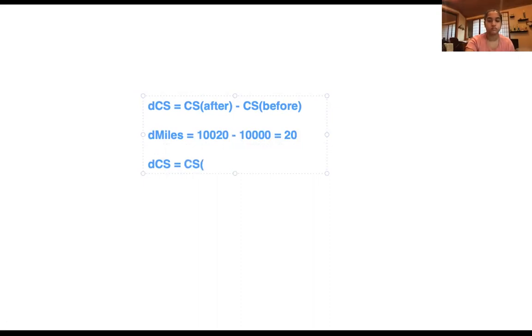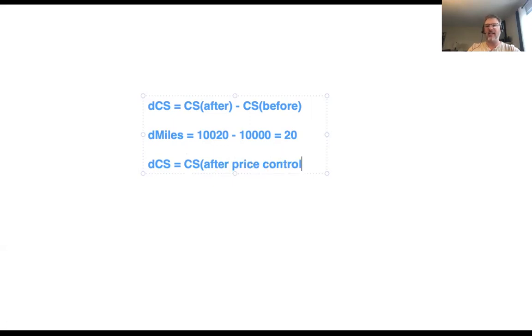surplus after, right? So after the change in the quantity in this case, because it's like a price ceiling or a price floor, it'd be after I'll put price control for general, right? In that particular question, I forget, were they asking for a price ceiling or a price floor?